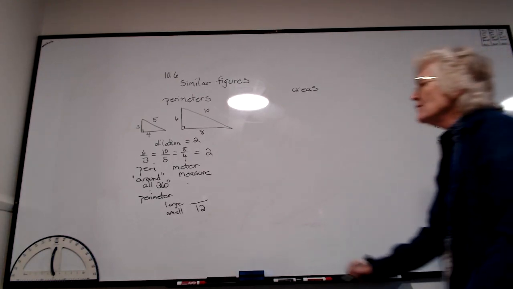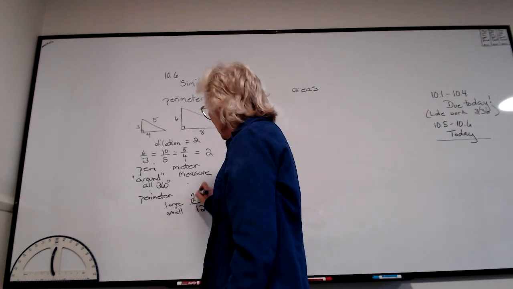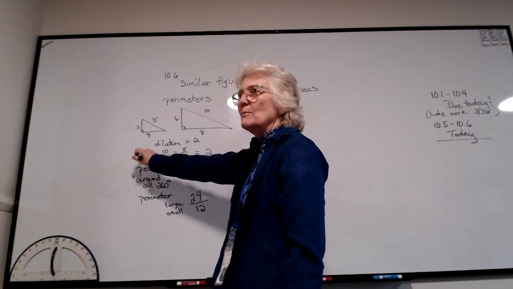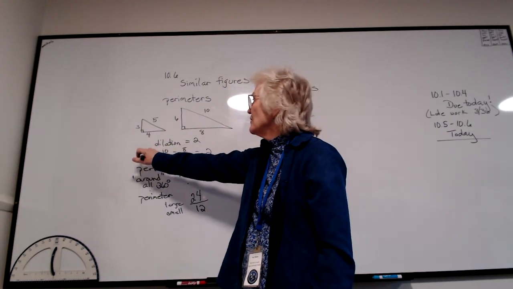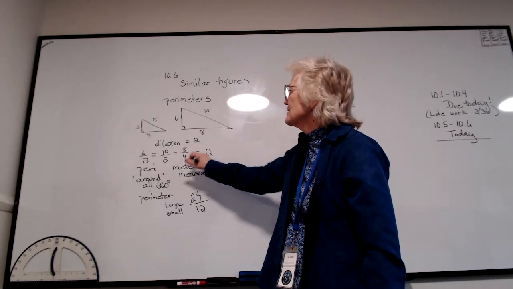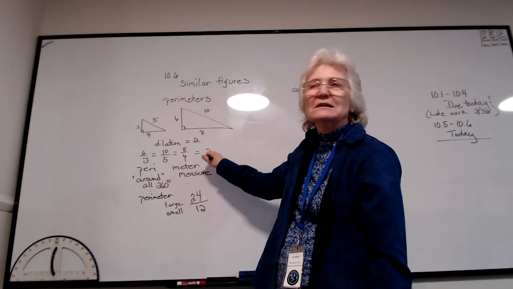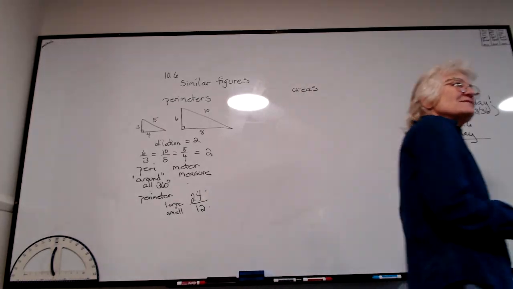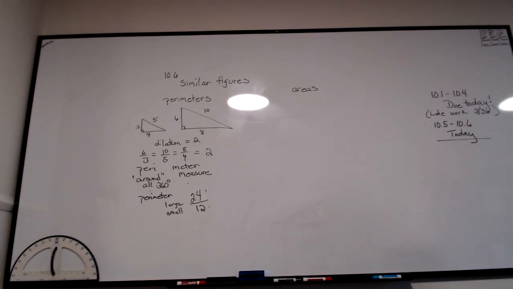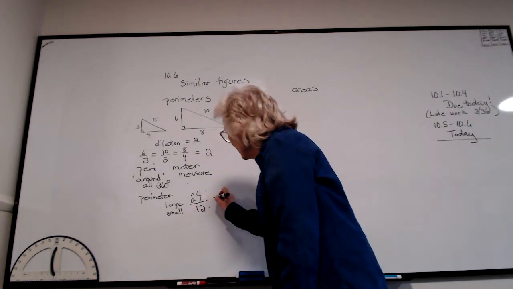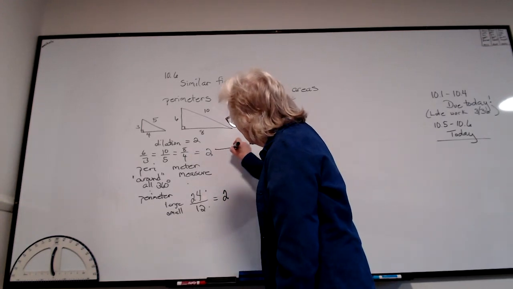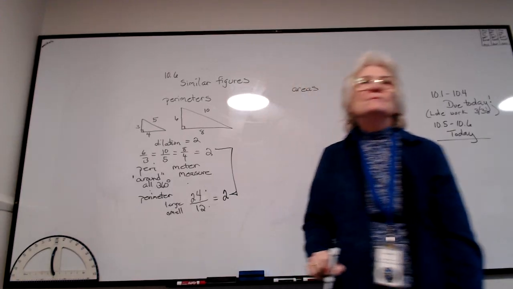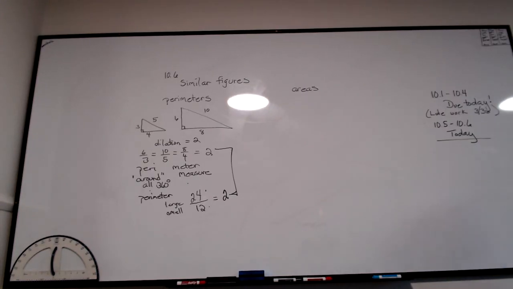Okay, so I did my ratios up here of large to small, and that was equal to 2. So I'm doing the perimeter, large to small. What is its ratio? It is also 2. The ratios of the perimeters will always be the same as the ratios of your dilation.